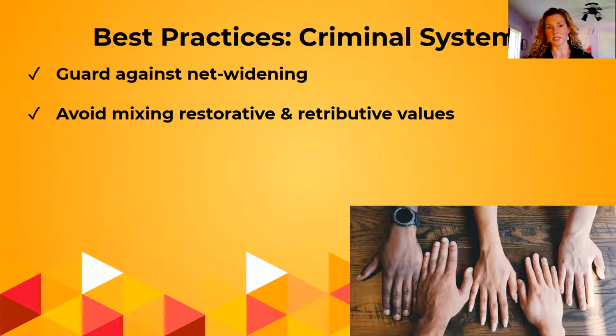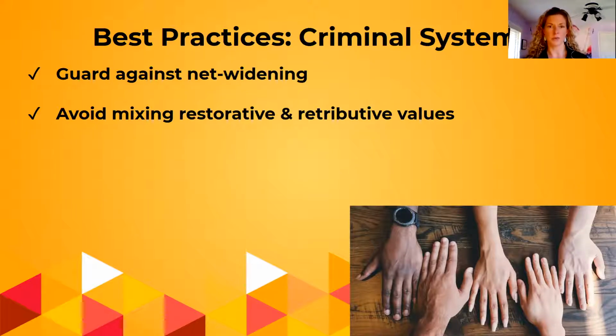And so one of the things we would suggest, if that is the model that you're using, is asking before you're adding it, before there are additional requirements, what is the intention behind this additional requirement? For example, let's say you had a restorative justice process and you were also adding community service. You'd want to ask yourself, am I adding this community service because the person was not engaged or they're showing up late?